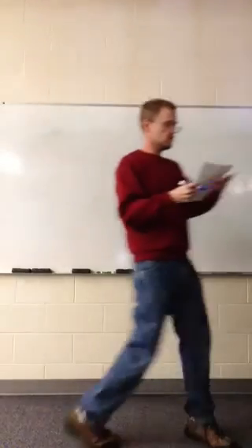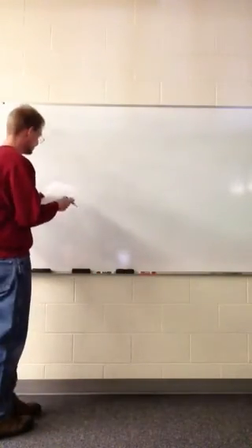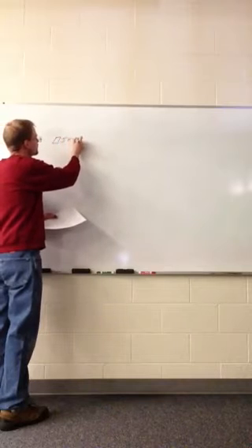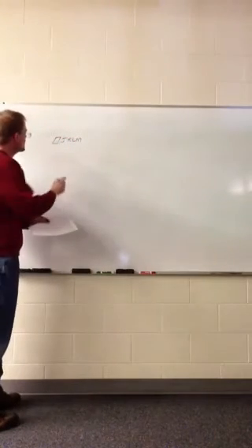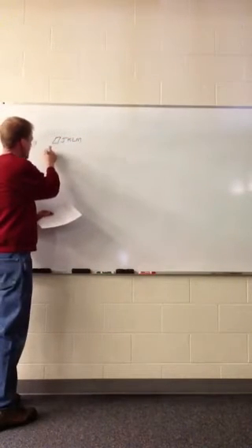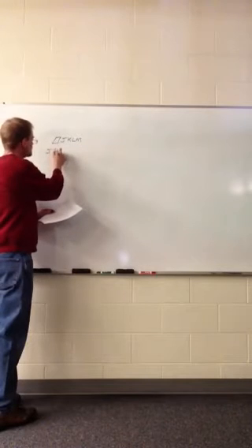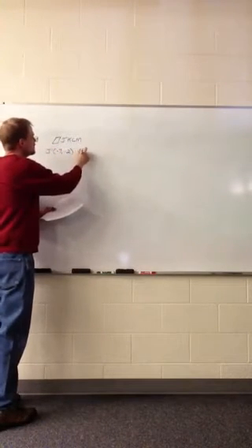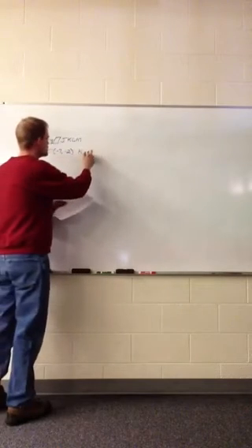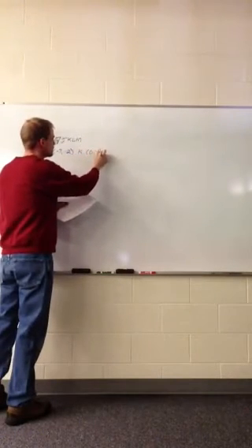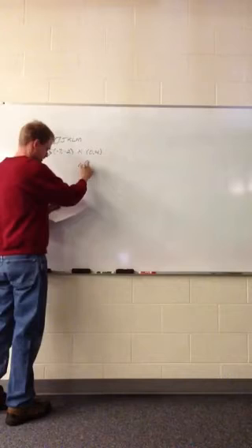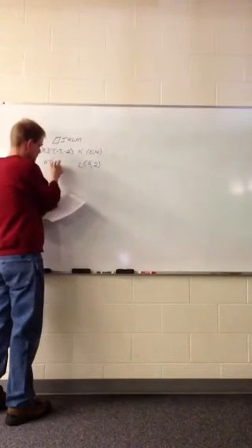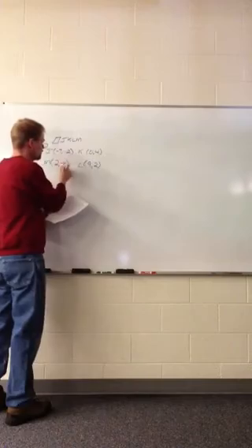We want to determine whether parallelogram JKLM has vertices of J, which is -7, -2, K, which is 0 and 4, L, which is 9 and 2, and M, which is 2 and -4.